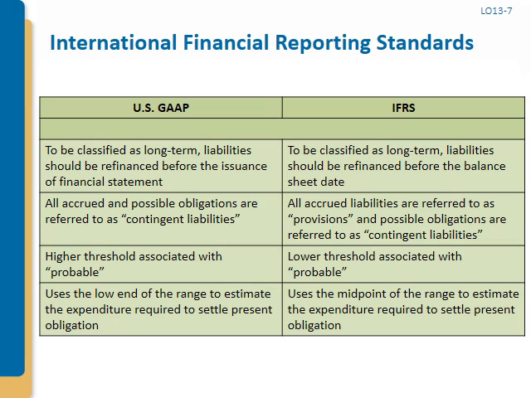Is something probable? There is no percentage definition of what is probable. It is a judgment call. It relies on the professional judgment of the accountant and the auditor to come up with what is probable.